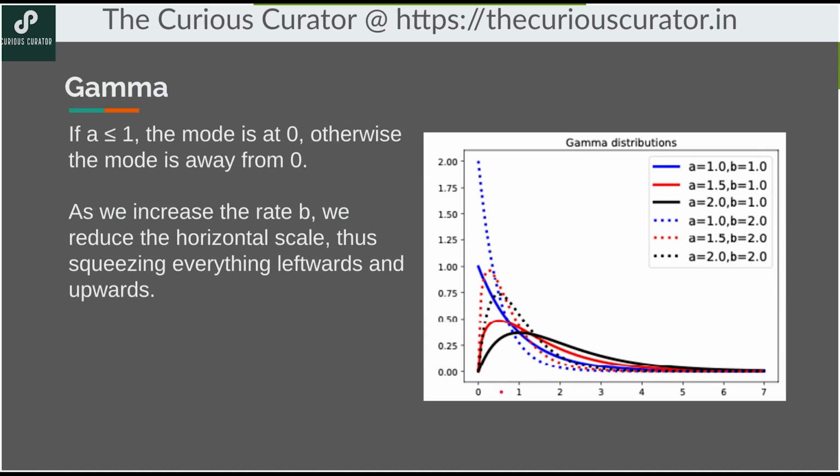If you had real valued quantities, like positive and negative, there are more heavy-tailed distributions also. So heaviness is relative, right? Whenever you compare two distributions, then only you can say whether it's heavier than the other or not.